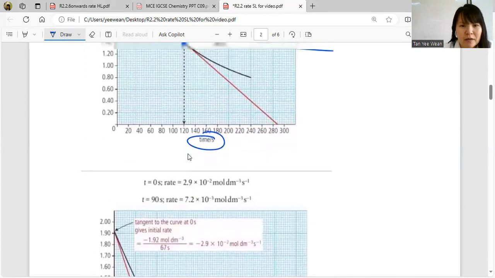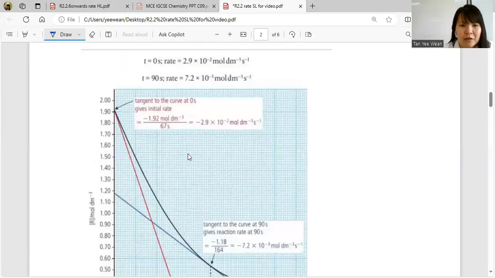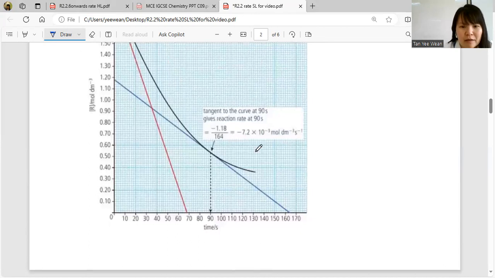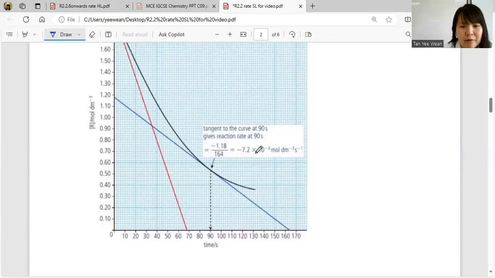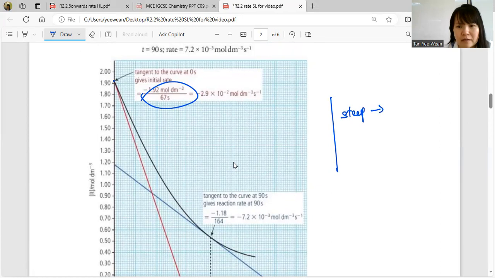Another example, they calculate the initial rate here by having the tangent at time zero, and calculating the gradient, that's the initial rate. They also show you how to calculate the rate at 90 seconds. So the rate is all different. At the very beginning, it's very steep, and steep means it's fast, or a high rate of reaction.